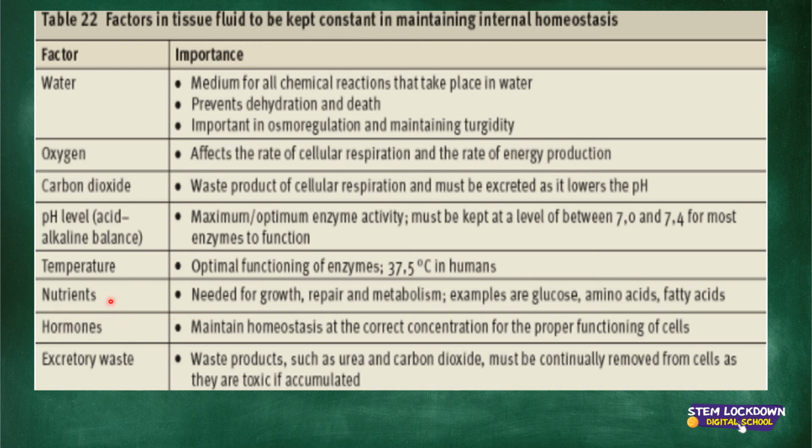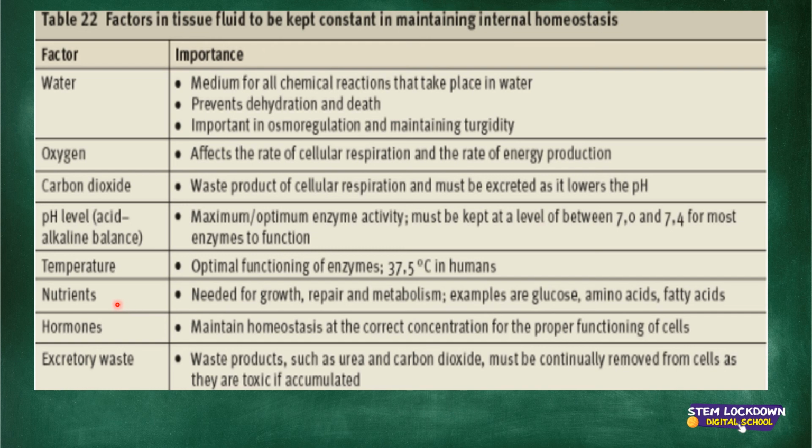And then nutrients. Why are nutrients a factor that needs to be regulated? Nutrients are needed for growth, repair, and metabolism. Examples include glucose, amino acids, and fatty acids. You'll remember the particular hormones we discussed here were insulin and glucagon, which are both involved in the regulation of glucose concentration in the body.